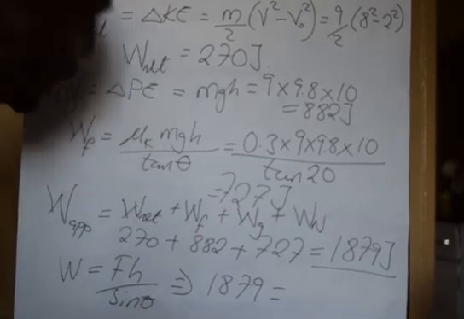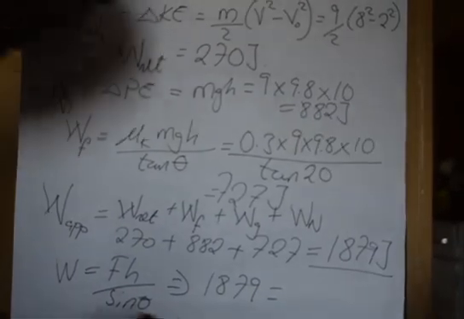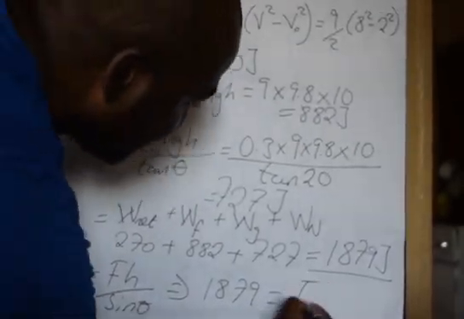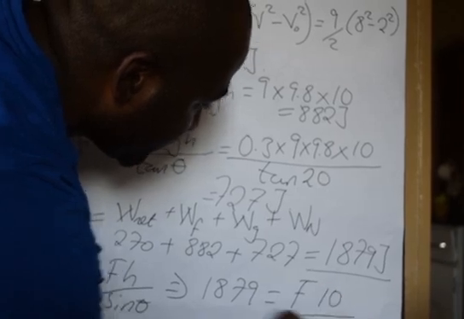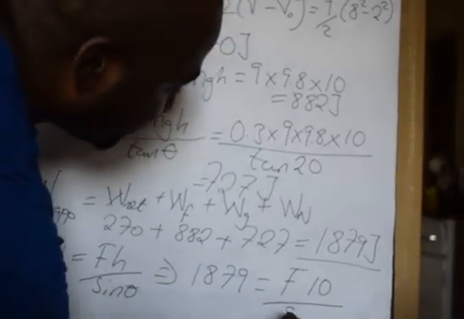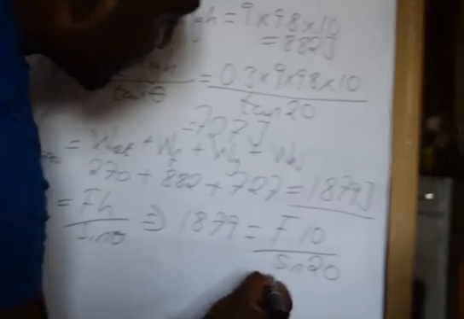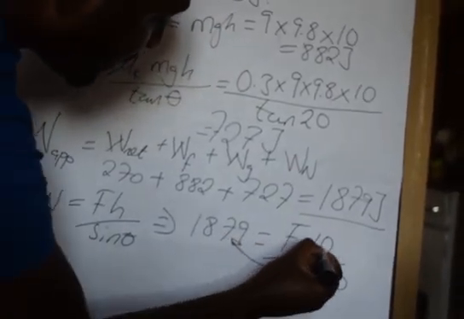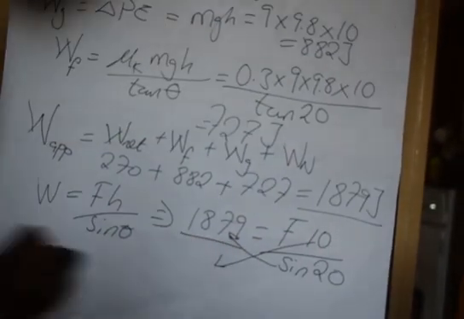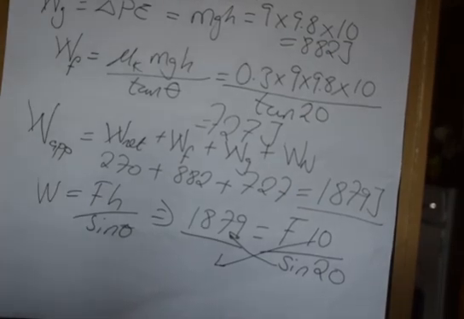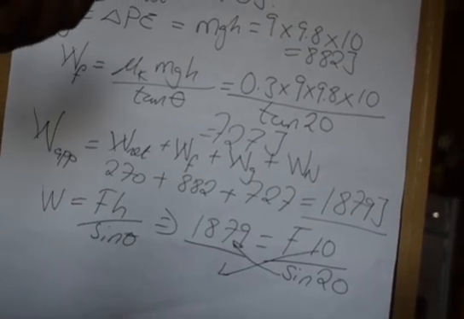So this will give us 1879 equals F times 10 over sine 20. Then you can change. This one will multiply here, and that one will go and divide there. I'm sure you know how to cross multiply. You can go and do it.